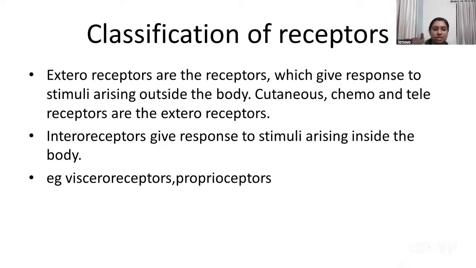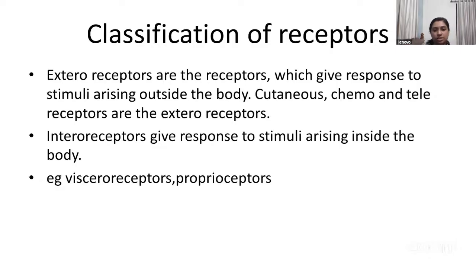Now, coming to the receptors. Receptors can be broadly classified into two types, exteroreceptors and interoreceptors. As the name indicates, exteroreceptors are receptors which respond to stimuli arising outside the body.